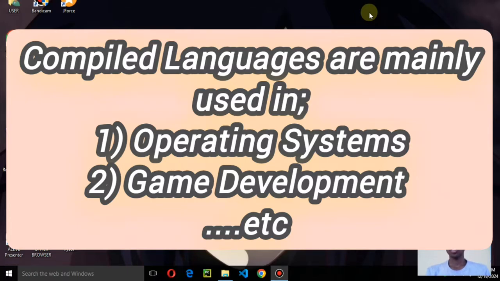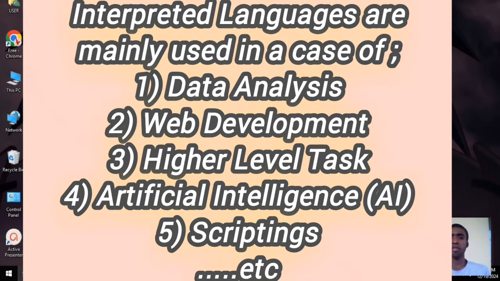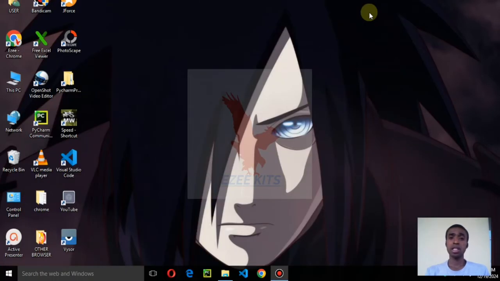Interpreted languages are mainly used for data analysis, machine learning, solving problems, and also for web development, and there are a lot of other things that interpreted languages tend to have more advantage over compiled languages.